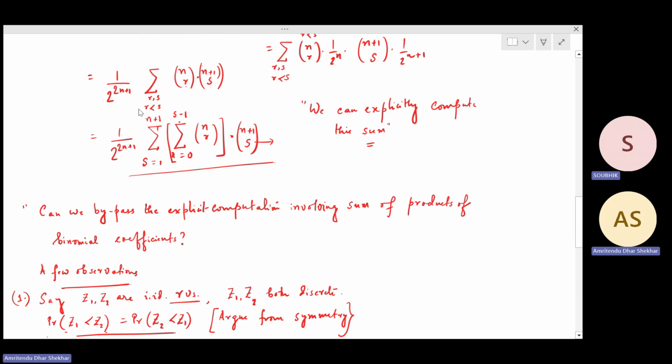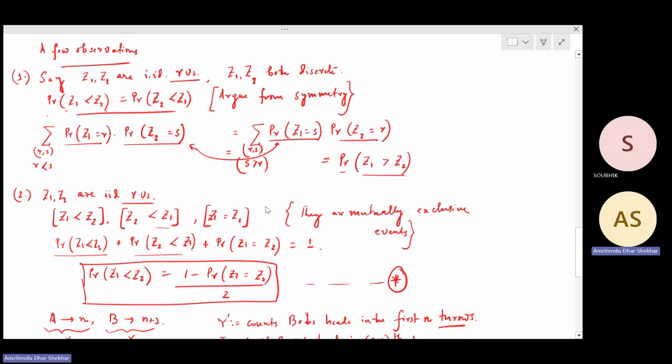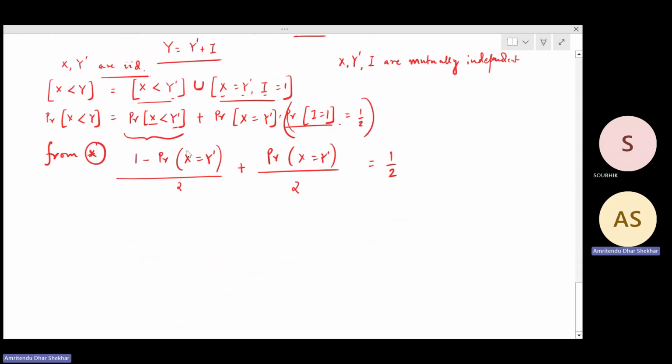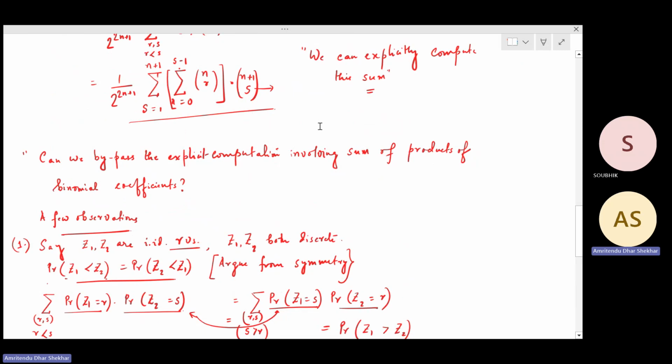So if this was the problem, I can make use of the result in this, and I can argue that this is equal to this. You get the point, right? So if you study higher enumerative combinatorics, these kinds of probabilistic arguments are very powerful, where you bypass the actual problem, you find an alternative problem.